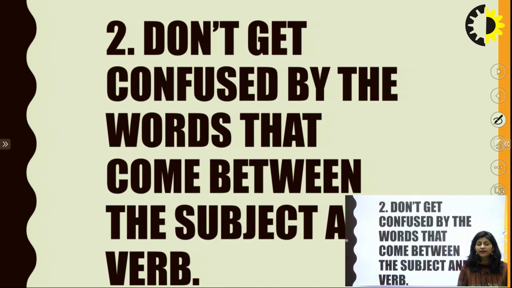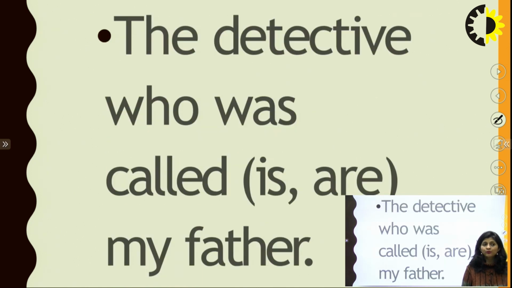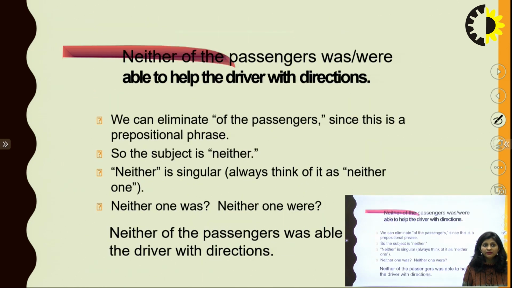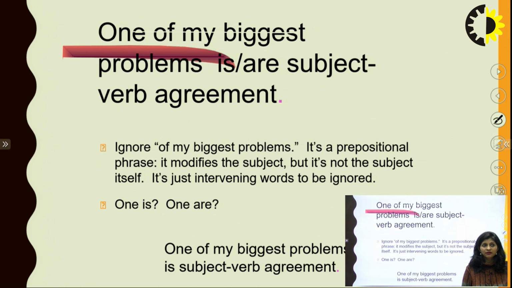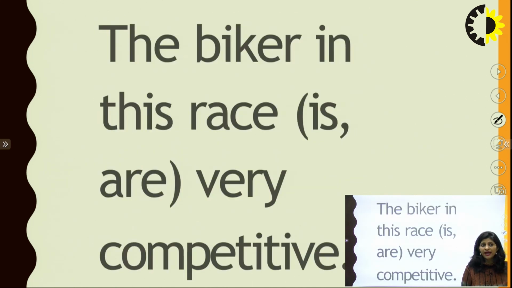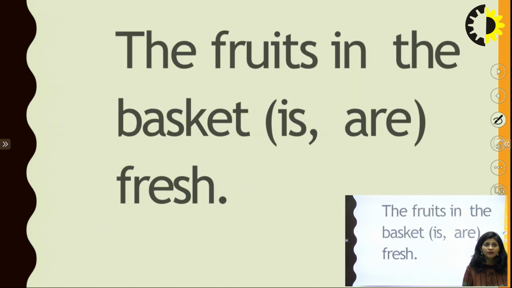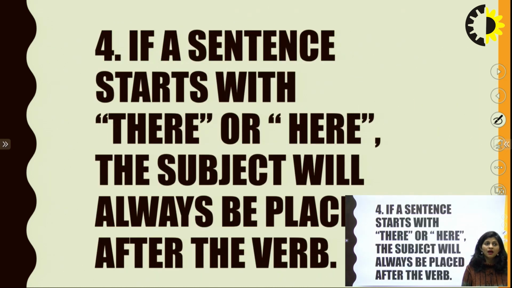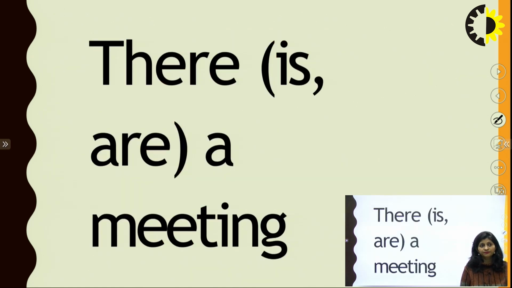Next rule: don't get confused by the words that come between the subject and verb, right? After this, the next rule is that prepositional phrases between the subject and verb usually do not affect the agreement. If a sentence starts with there or here, the subject will always be placed after the verb.